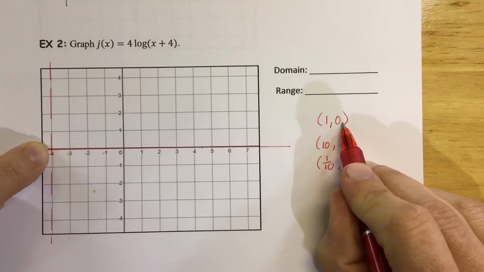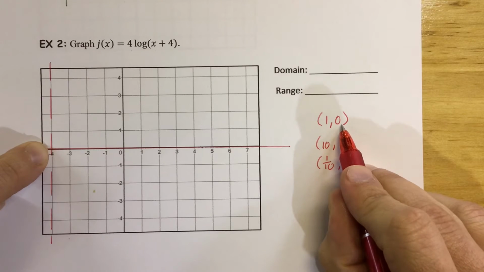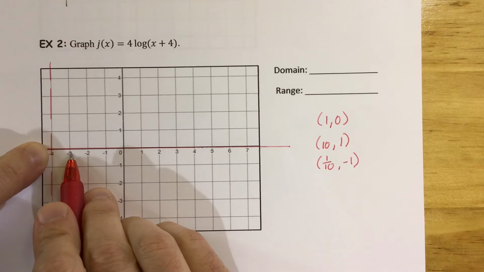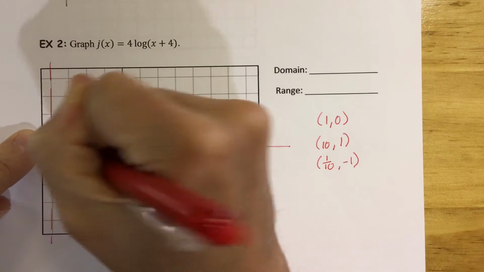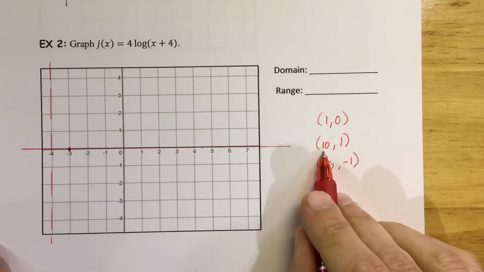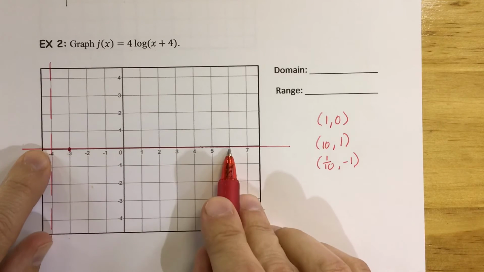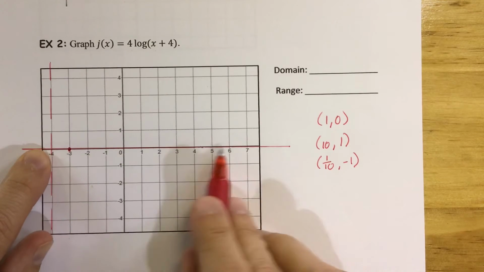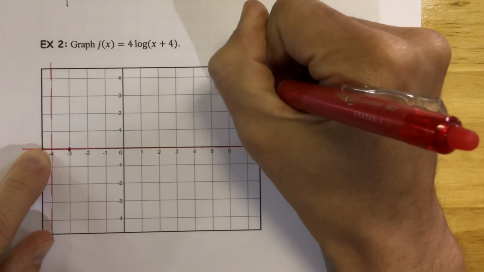Now in the first, that doesn't really change anything, does it? We go over 1 and we're supposed to go up 0, and then 0 times 4 is still going to be 0. So you're still at that point. That one didn't change. The one that you're actually going to see change is this next one. Instead of going out 10 units and up 1 to graph that, you're going to go over 10 units and up 1 times 4, which is 4.